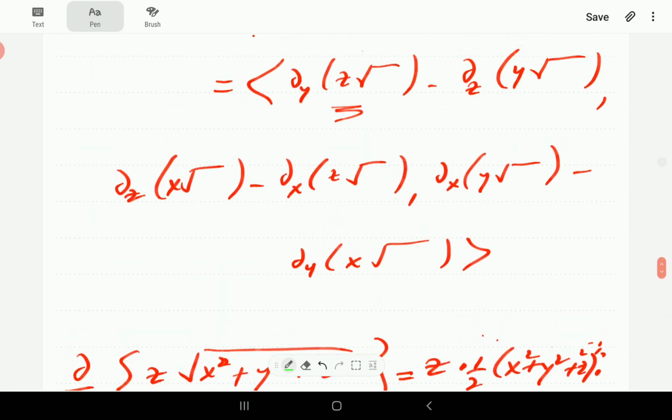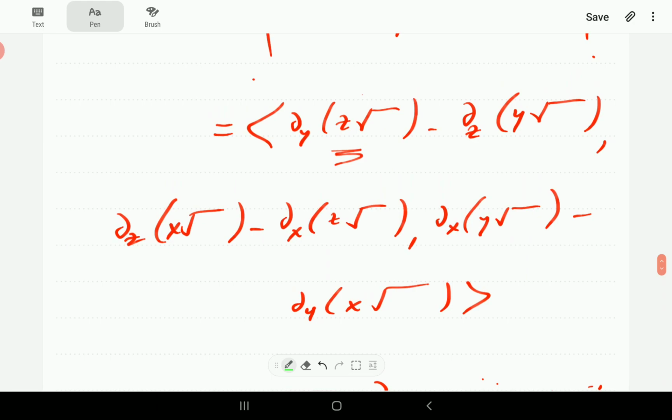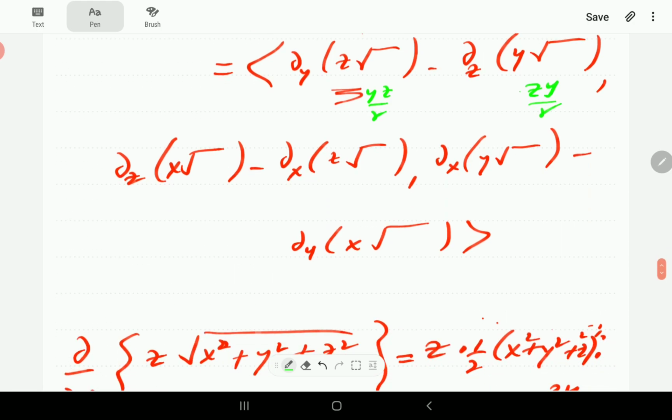So this term is going to be yz over r. Similarly, this one is going to be zy over r. This one is going to be xz over r, this one zx over r, and then xy over r and yx over r.